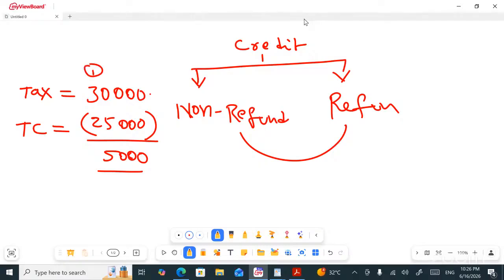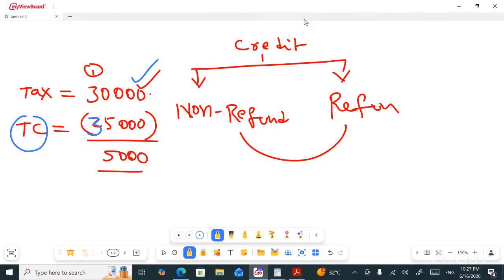Suppose the tax amount is 30,000, but tax credits are say 35,000, not 30,000. We need to pay the government tax of 30,000, but the government is allowing us tax credit up to 35,000.